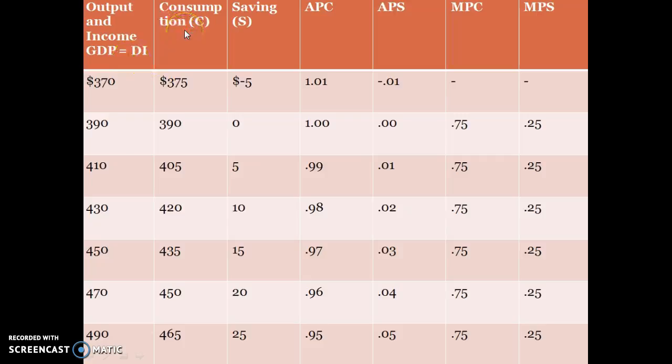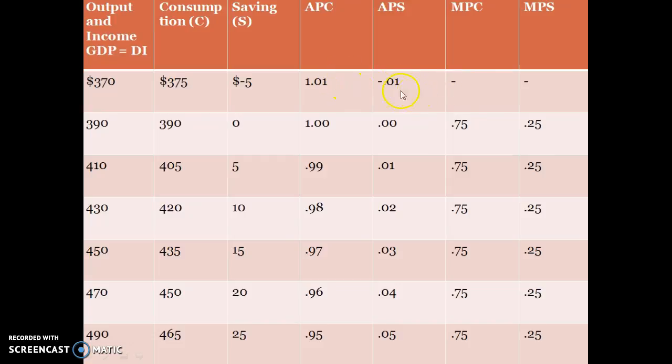The second column over is C, our consumption. The third column is S, our savings. Then we have our APC, APS, MPC, and MPS. Notice that in the very first row, MPC and MPS are blank because we don't have any other data to compare against from this first row.